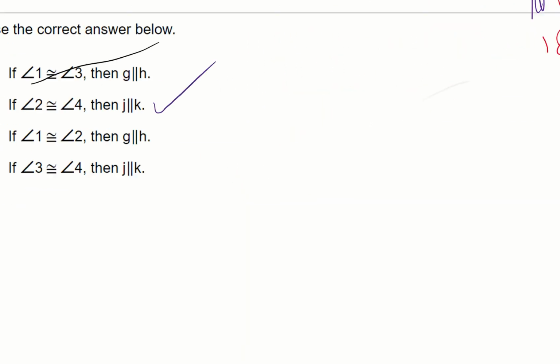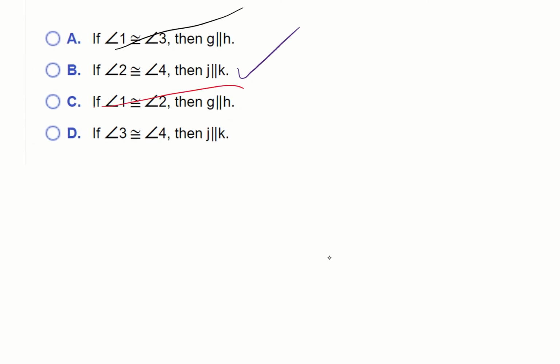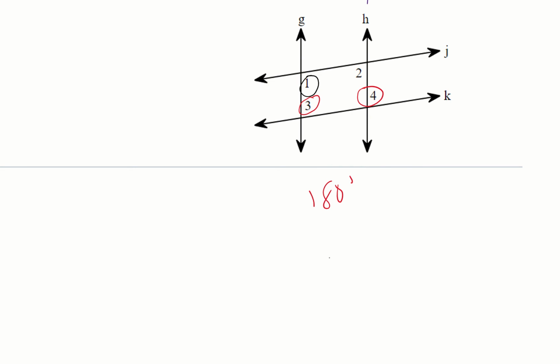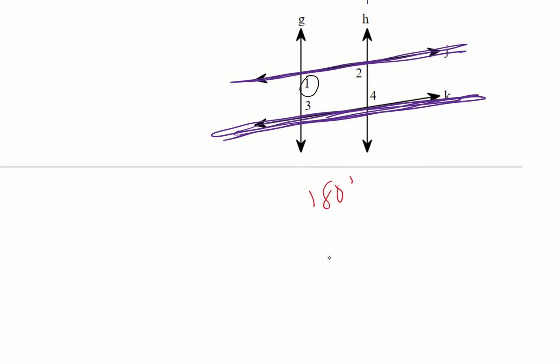And then the last one, just to check that off, angle 3 is congruent to angle 4. Similarly, angle 3 and angle 4 are same side interior. Actually, they're same side interior not for this purple one, but for these purple ones. In that case, actually they're not even same side interior for that.